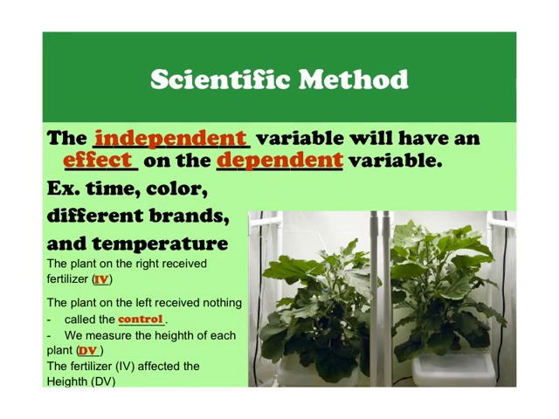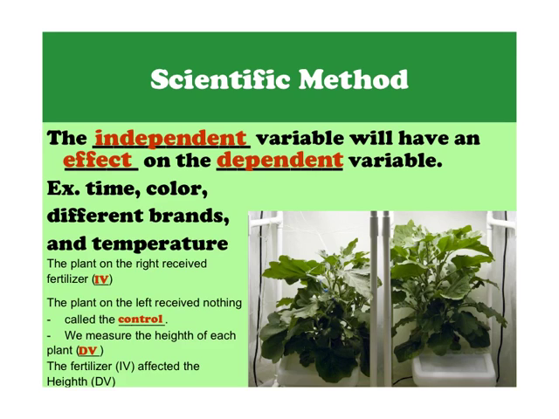Just to review real quickly, the independent variable has an effect on the dependent variable. So if you want to know if adding fertilizer helps a plant grow, like in this picture here, the independent variable would be the fertilizer. The dependent variable would be the growth, or how tall the plant grew, and you would measure that and put your data each day in a chart and then create a graph.